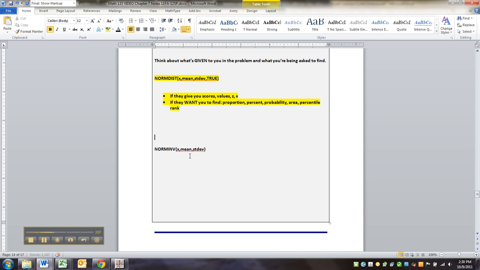Now, when do you use norm inverse? Norm inverse is the one that you use if they give you proportions, percentages, areas, probabilities, percentiles, not percentile rank, percentile.